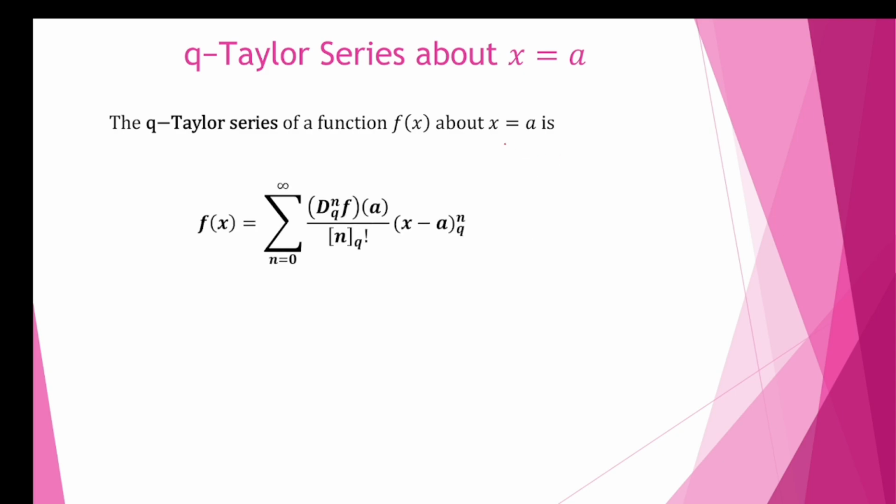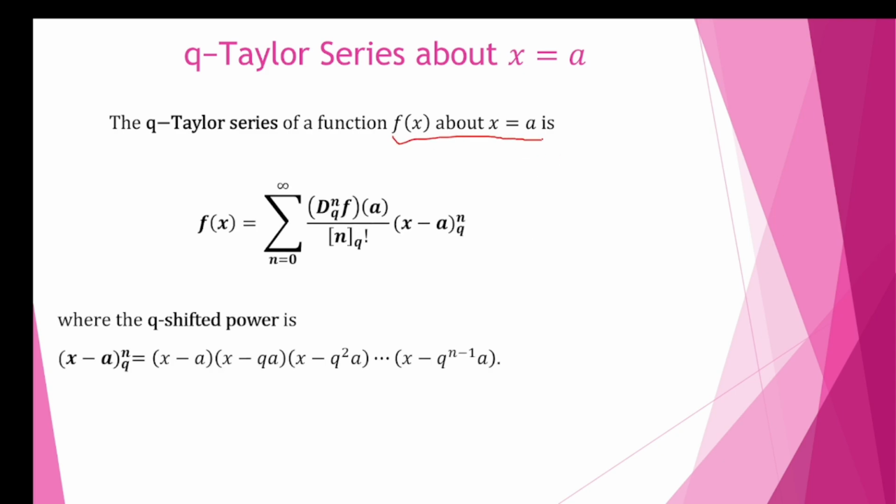Now if we want to find the Taylor series about a point x equal to a, in the standard case it will be discussed first so that it is easy to compare. f of x is the summation, n from 0 to infinity, of the nth derivative of f at a, divided by n factorial, into x minus a to the power n.